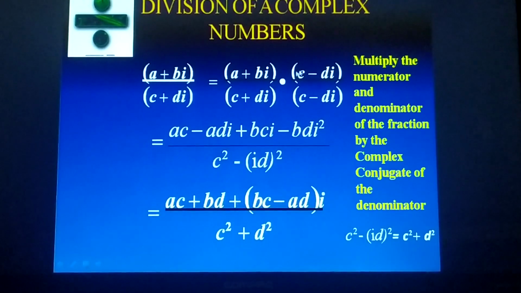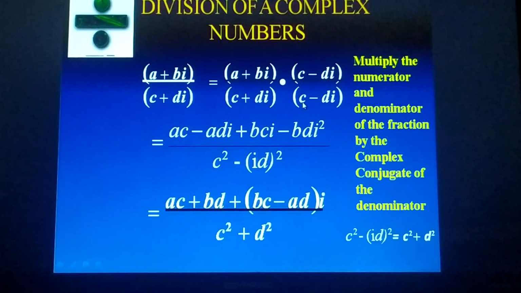Now in the denominator we apply our multiplication process. a into c, a into −di, so it is −adi. Now bi into c, so +bci, and then b into d, bd, i into i, bdi² with a minus sign.